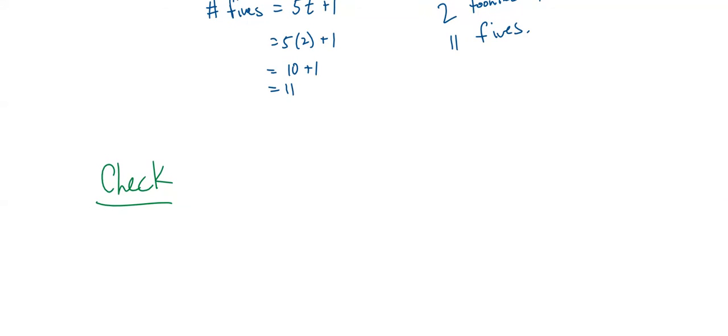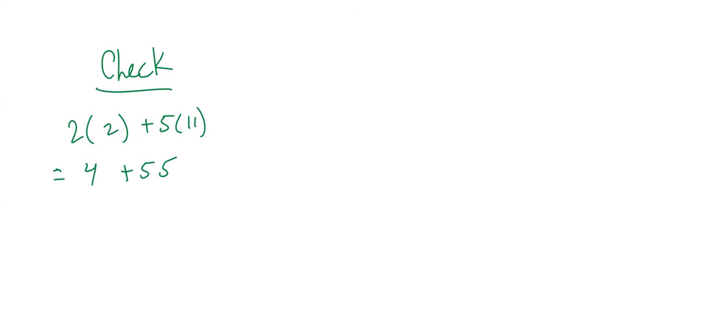If I have 2 toonies, how much is that worth? $4. So 2 times 2 is 4. And if I have 11 5s, how much is that worth? 5 times 11. And how much is 4 plus 55? So it makes sense, doesn't it?